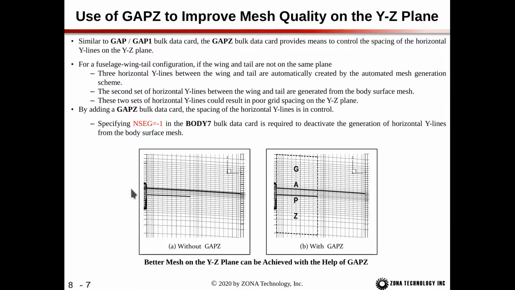So by adding the gap Z card, the spacing of the horizontal Y lines is under user control, and then furthermore specifying nseg equals -1 in the body 7 card deactivates the generation of the horizontal Y lines from the body surface mesh. So now if we look at our new model, our gap Z is defined here, and we have a smooth distribution of horizontal Y lines in the Z direction.